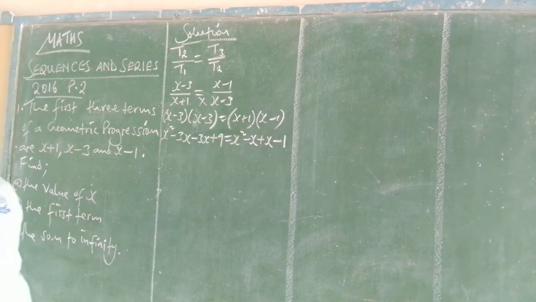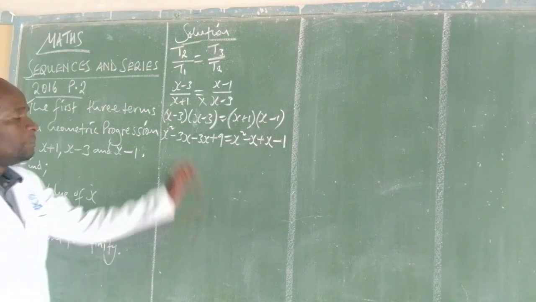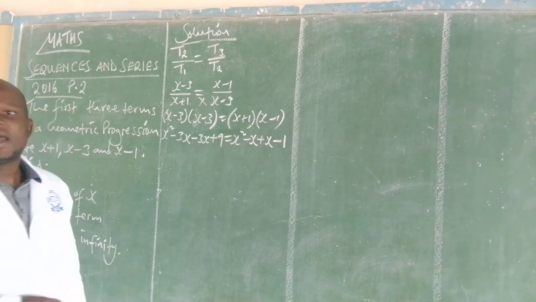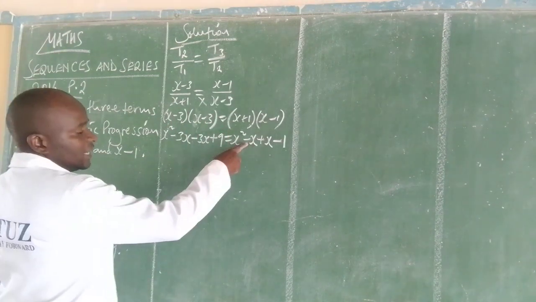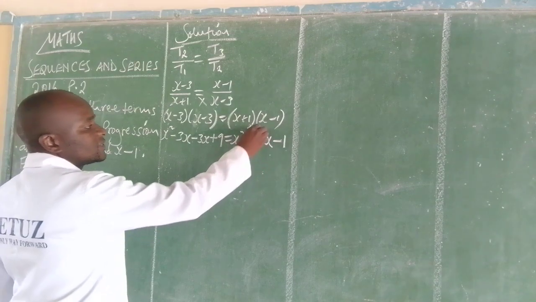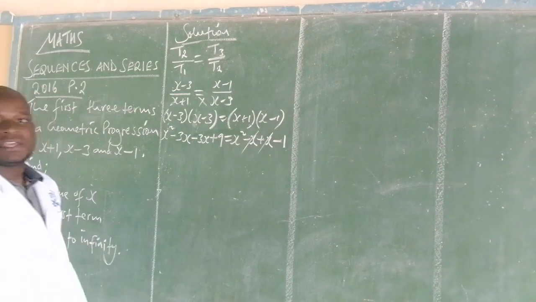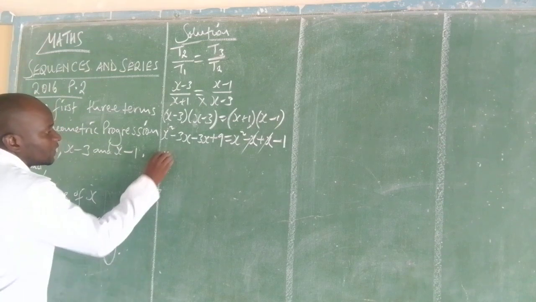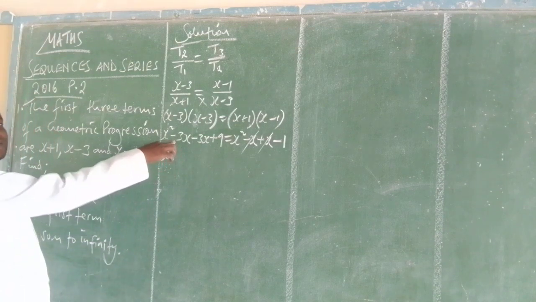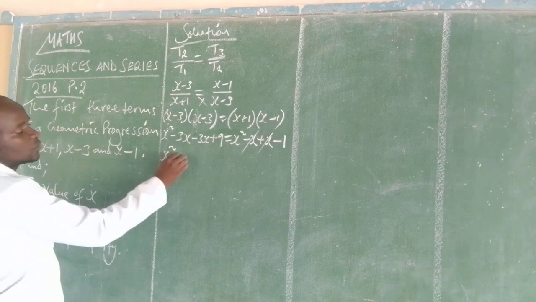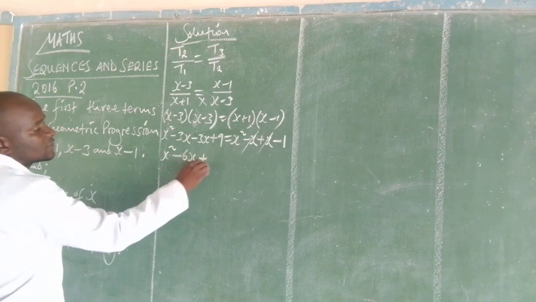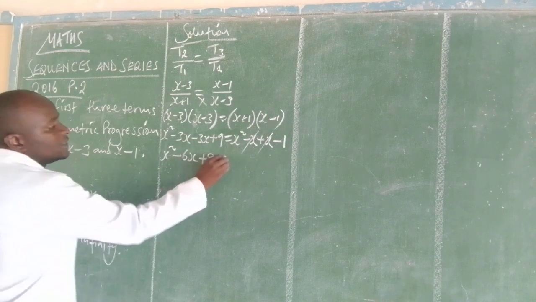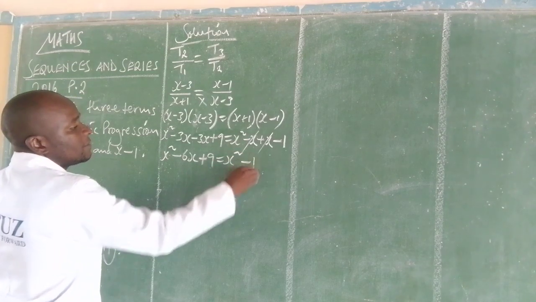At that level, we simplify what can be added. Negative x and plus x give us 0, so those are eliminated. We remain with x squared, negative 3x minus 3x gives negative 6x, plus 9, equal to x squared minus 1.